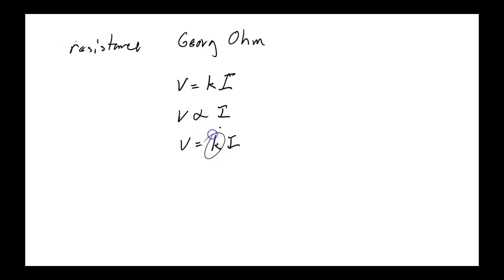This K is your resistance. They give that the symbol R. So quite often you'll see V is equal to IR. And we'll give a name to it. That's Ohm's law. Now that's the section we're not going to do, but there it is, Ohm's law right there.